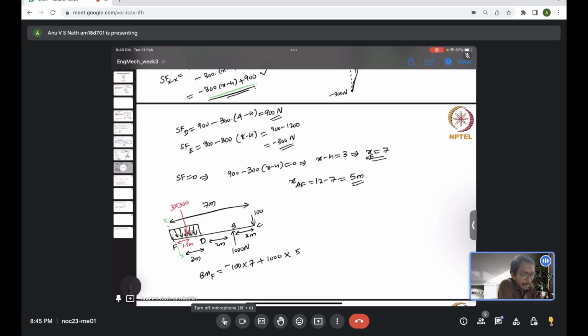Now the resultant of the UDL, which is 900 Newton, which is causing a clockwise moment. So 900 Newton, which is acting 1.5 meter from the end F. So these are the resultant moments caused by individual loadings. So we will just take the sum of this. So which will be, just give me a second, I will evaluate it.